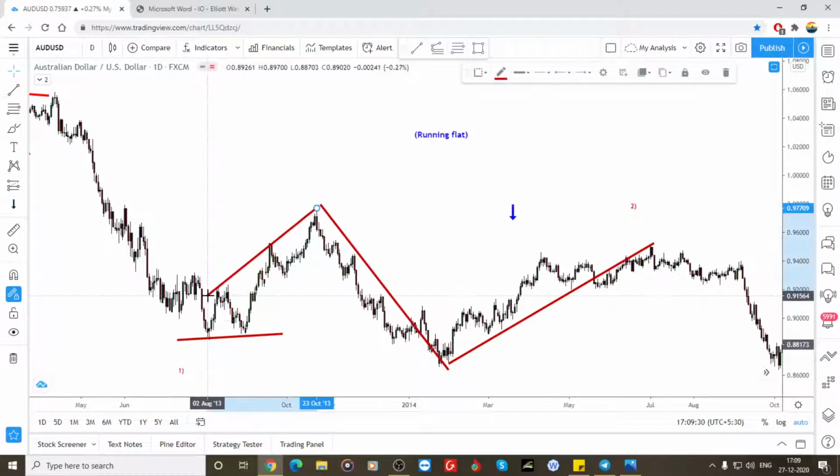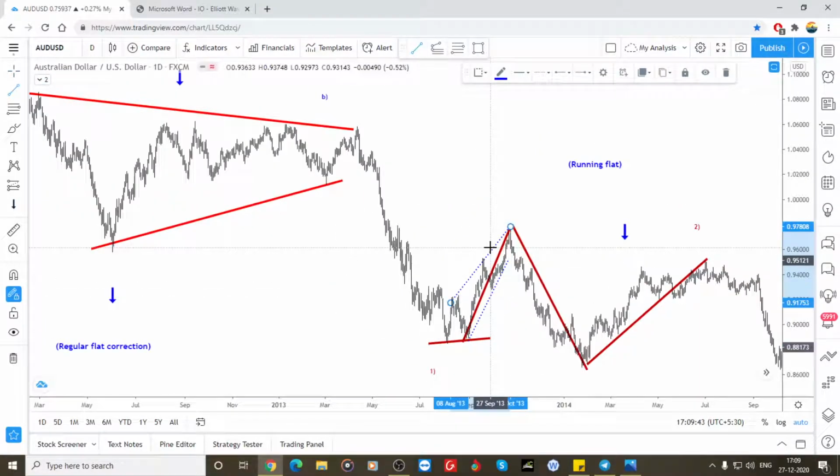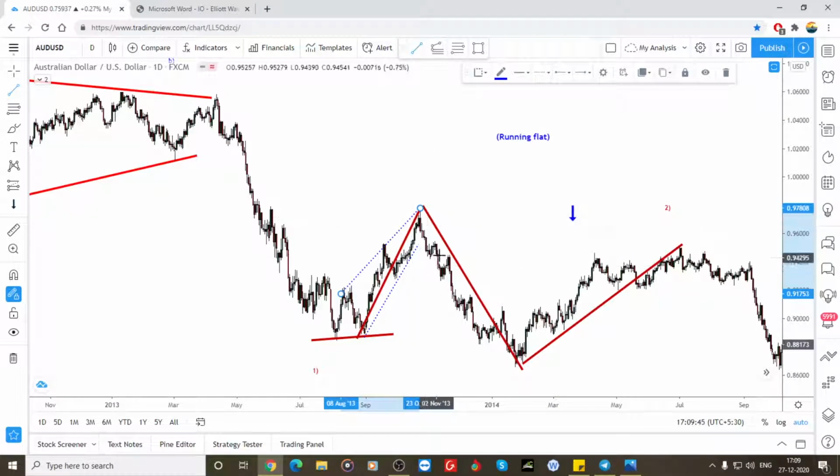It could be a leading diagonal, or whatever we can call it. So, 5 waves completed. Again we need 3 waves, and after that one more 5 waves has to happen. Everybody is waiting for this, but what happened is it has already broken the low.